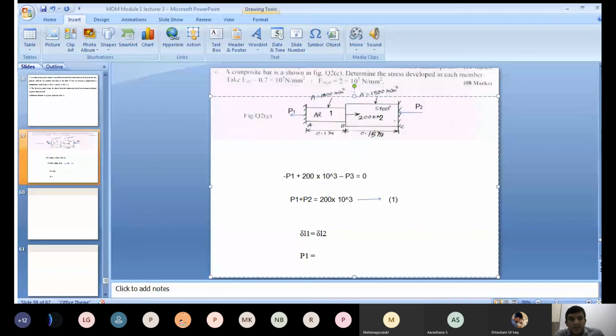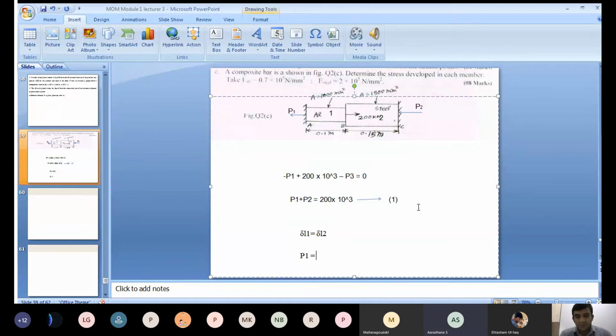Then we'll get P2, then substitute that P2 to get P1. Now what is our aim? Determine the stresses induced in each bar. Sigma 1 is equal to P1 by A1 for the first portion. Second portion, sigma 2 is equal to P2 by A2. What is the value you got? P1 is equal to, in terms of P2.